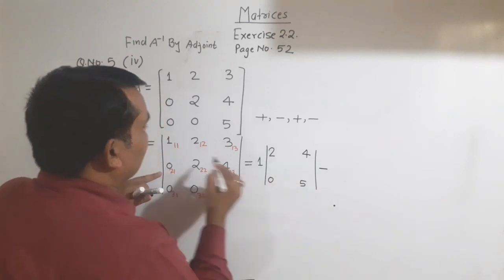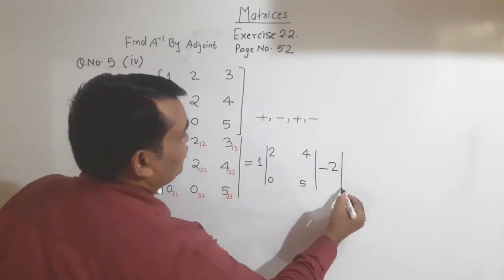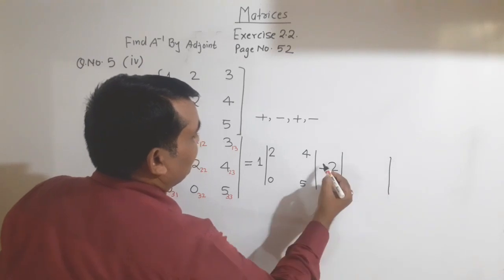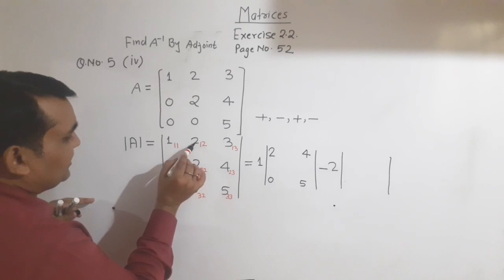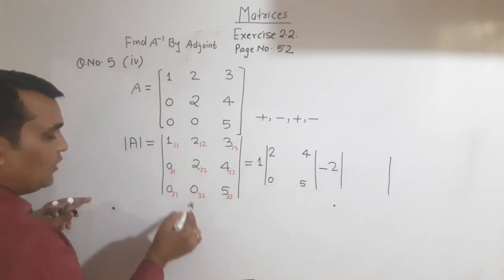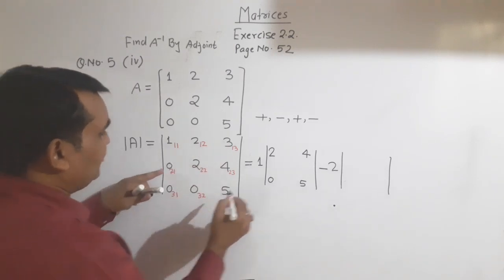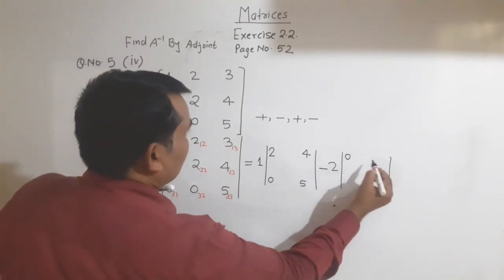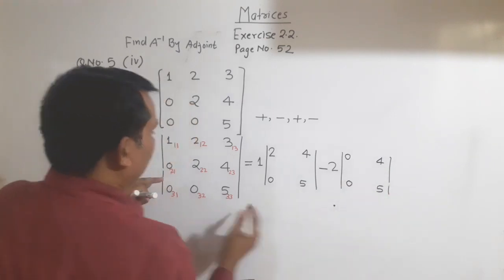Again it's a minus. The second element from the first row, that is 2, and this sign is the determinant sign. Now 2 is present in the first row and second column. Here our aim is to remove the first row and second column elements. So it's 0, 4, 0, 5.